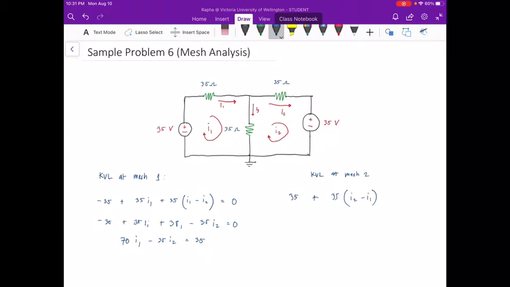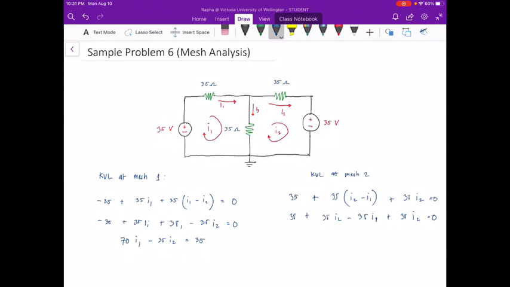So we have I2 minus I1 plus 35 I2 is equal to 0. Expanding the equation, we have 35 plus 35 I2 minus 35 I1 plus 35 I2 is equal to 0.